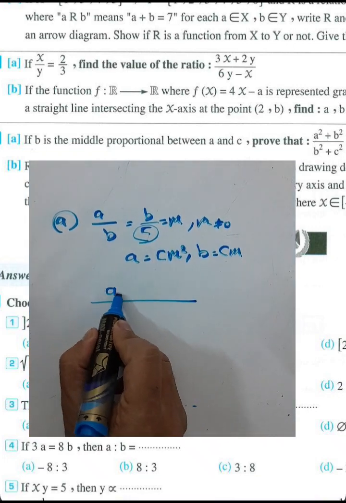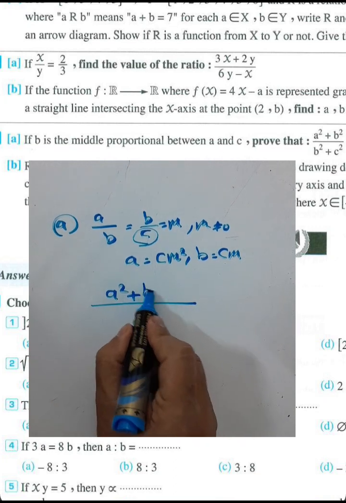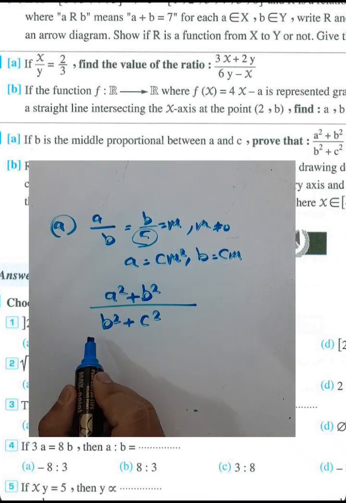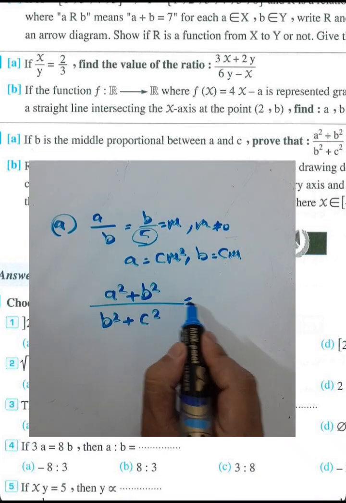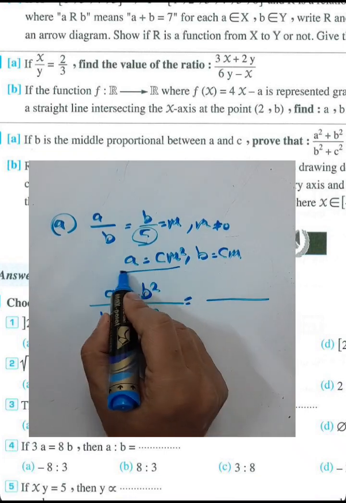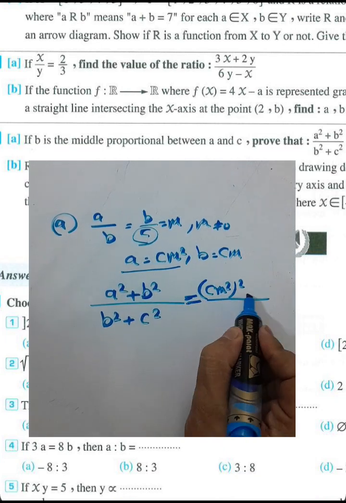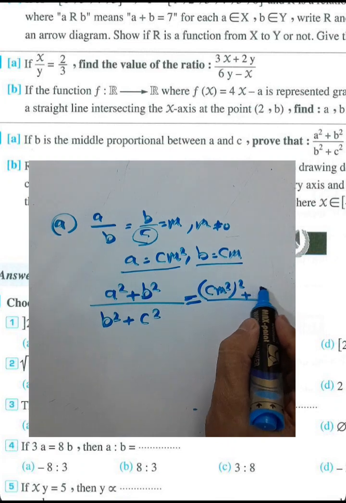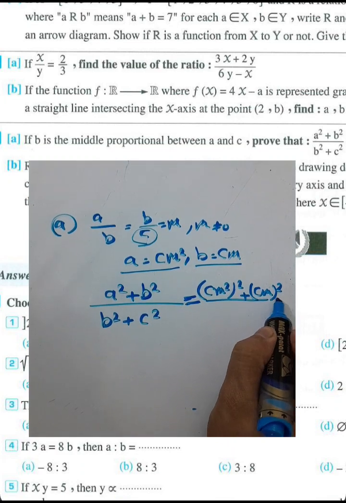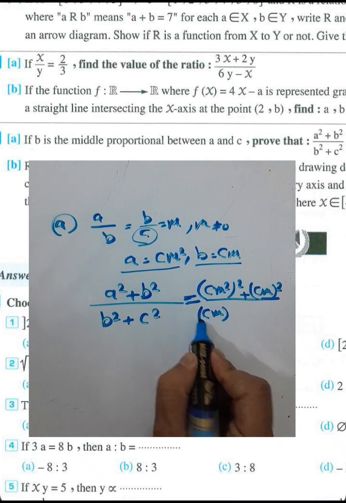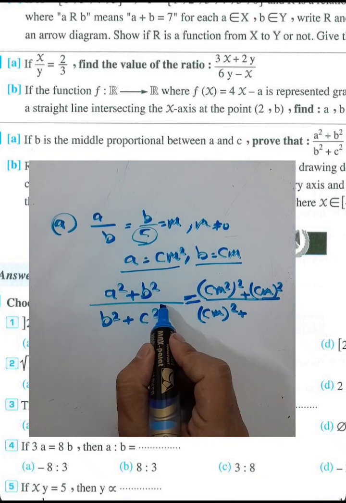Prove that (a squared plus b squared) over (b squared plus c squared) equals a over c. We can find the result here. a squared, a was cm squared, all squared, plus b squared, b was cm, all squared, over b squared, b was cm, all squared, plus c squared.